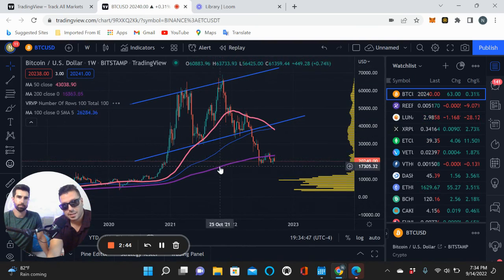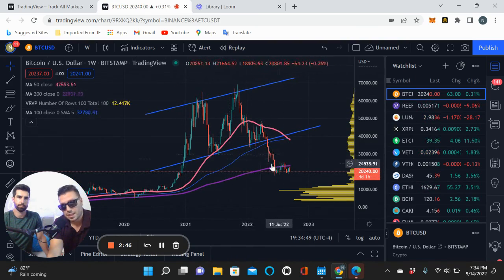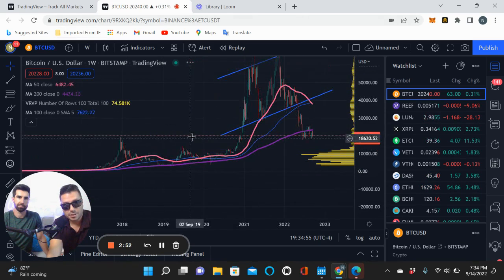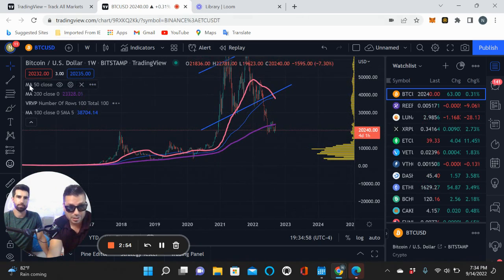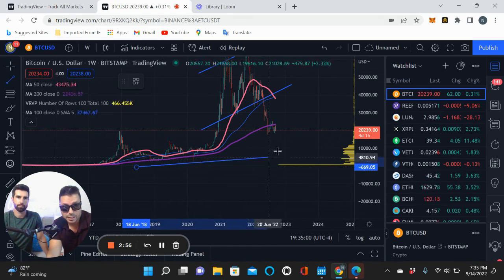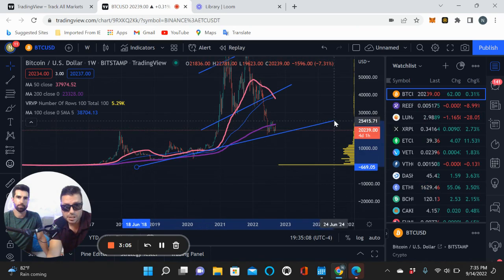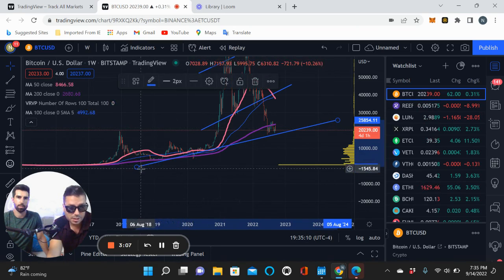As you can see, we're still in a bearish moment here for Bitcoin based on breaking down from this trend. If we zoom out even further, we could draw an even longer term bull trend down here at the bottom to give us an indication of where we might see some support.